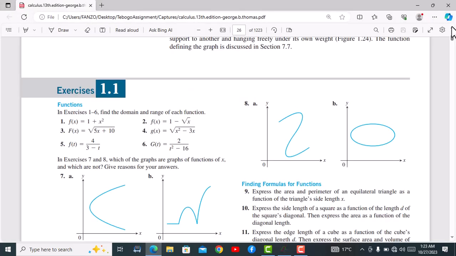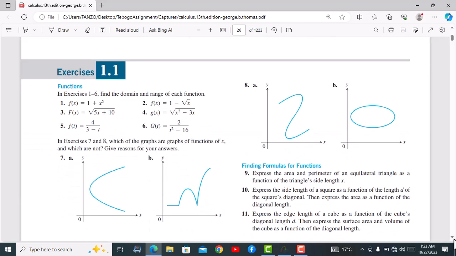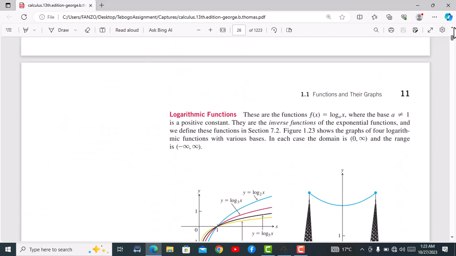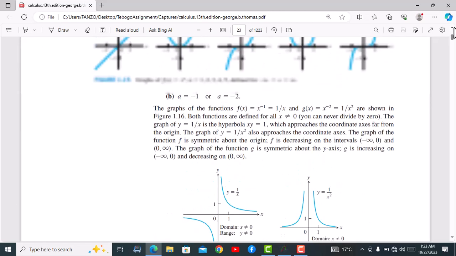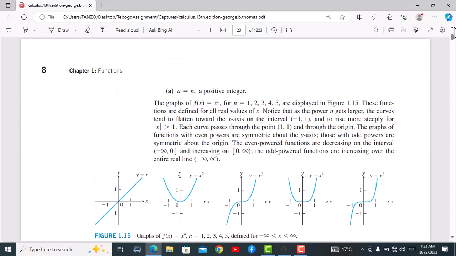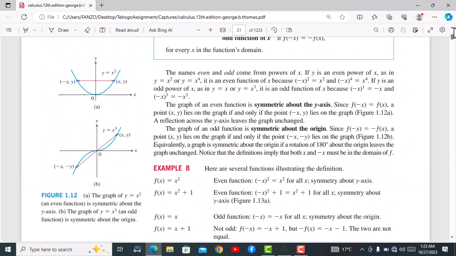Let's go back to the notes that we had concerning these types of functions, and let's see how the domain and the range were dealt with in this calculus book. Let me just show you those types of functions.